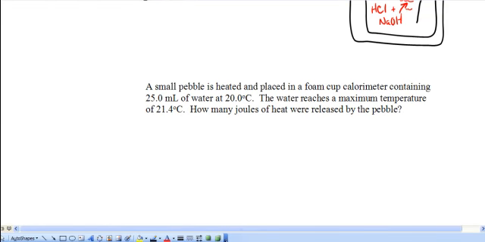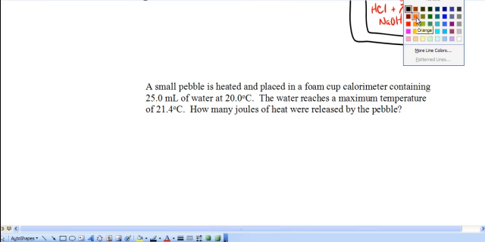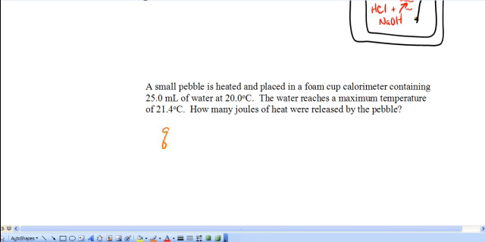A small pebble is heated and placed in a foam cup calorimeter containing 25 mL of water at 20 degrees Celsius. The water reaches a maximum temperature of 21.4 degrees Celsius. How many joules of heat were released by the pebble? Alright, now in this case, we'll go back to our Q equals SmΔT.